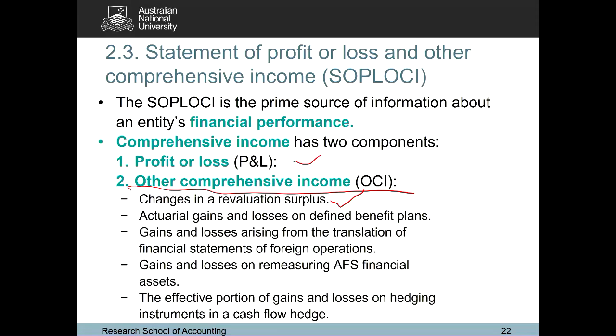So the other actual gains and losses, those things we will not touch on in this course. But the first one, revaluation surplus, you are going to learn. So you do know the profit and loss statement will have two components: one is profit and loss, another is other comprehensive income, right?